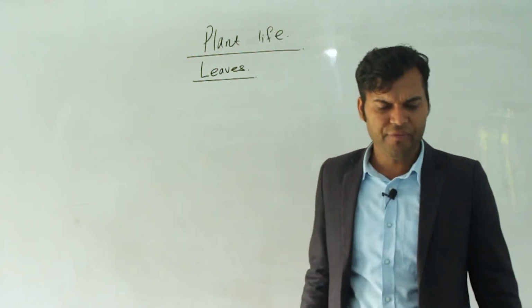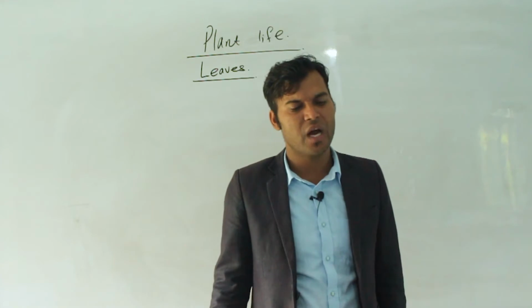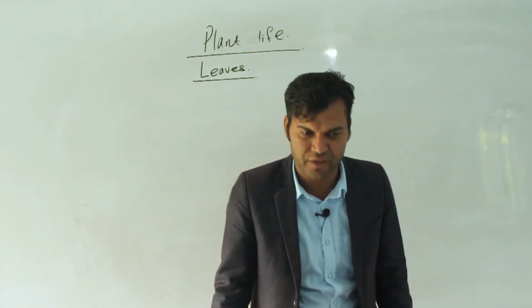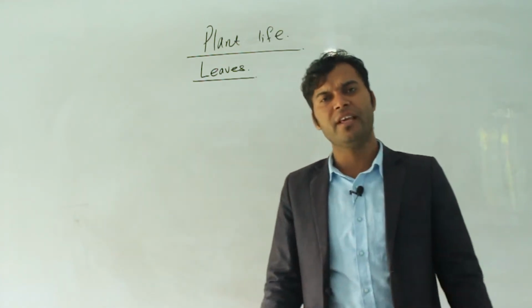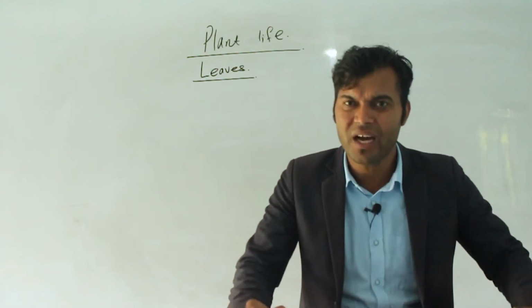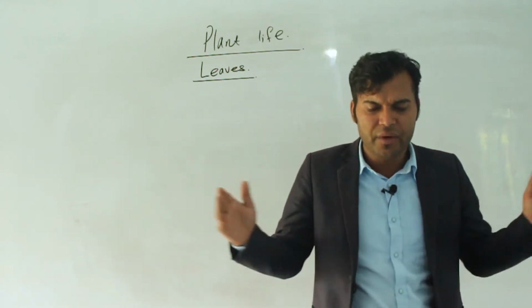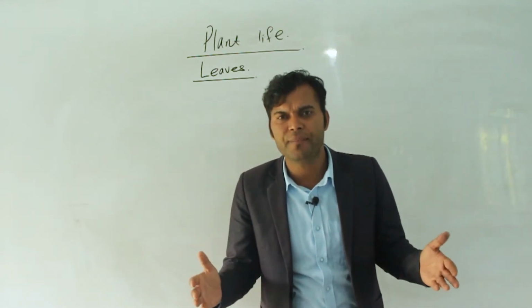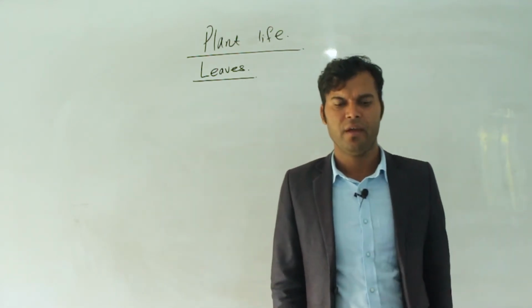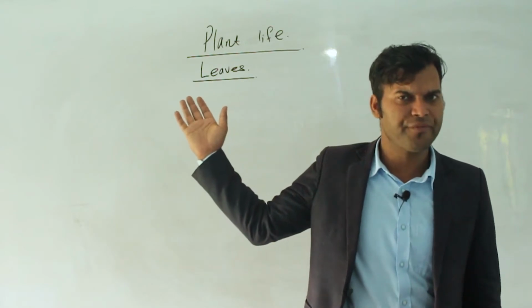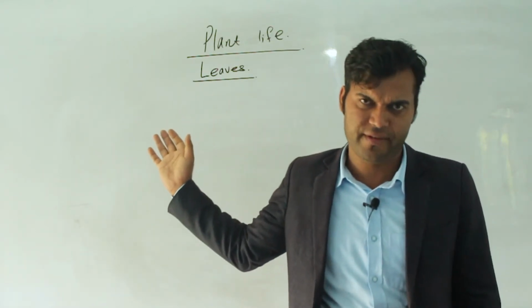Okay. If a leaf has a single blade on a stalk, it is called a simple leaf. Leaves are divided into two types, simple leaves and compound leaves. Please see the diagram, simple leaves and compound leaves.